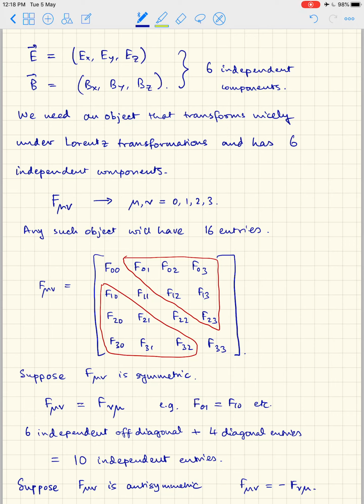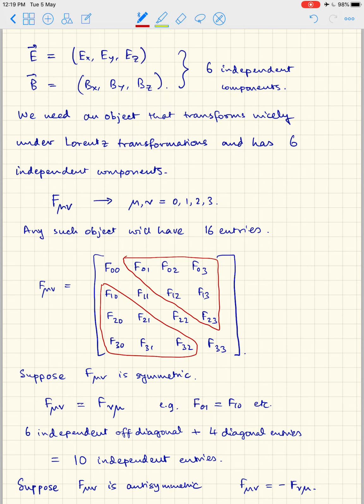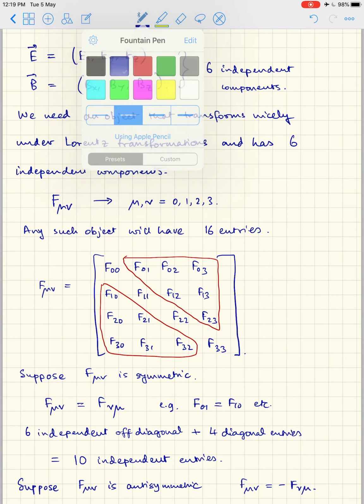Then again the off diagonal entries are related.